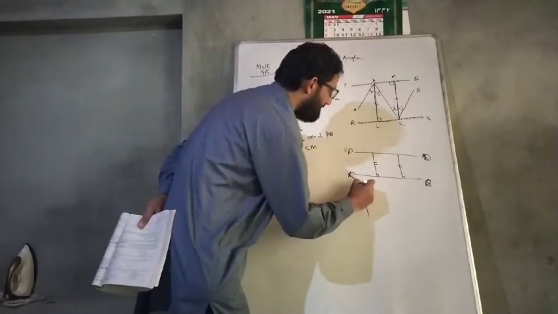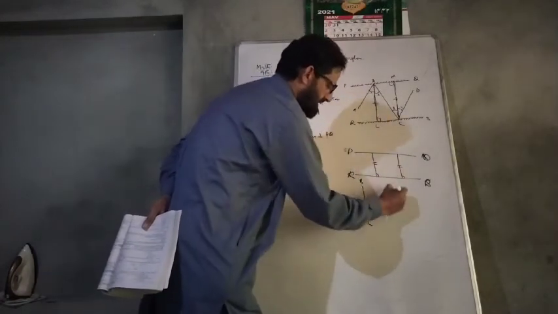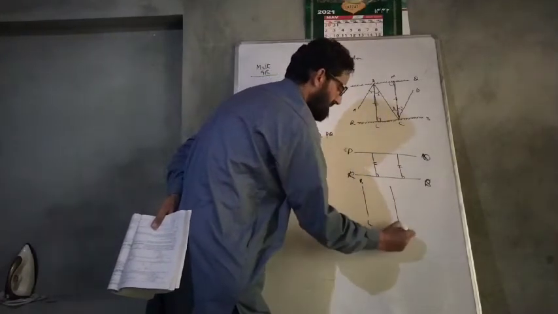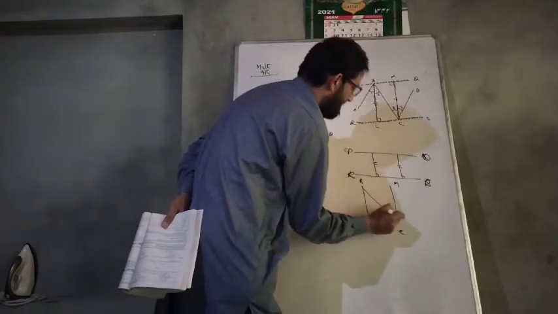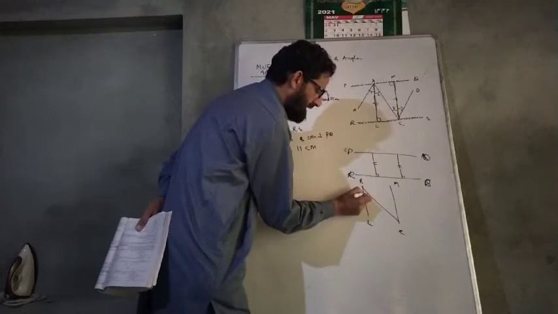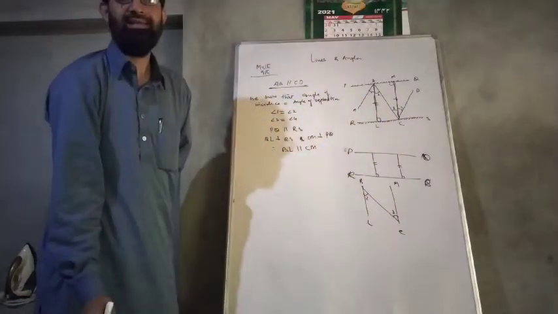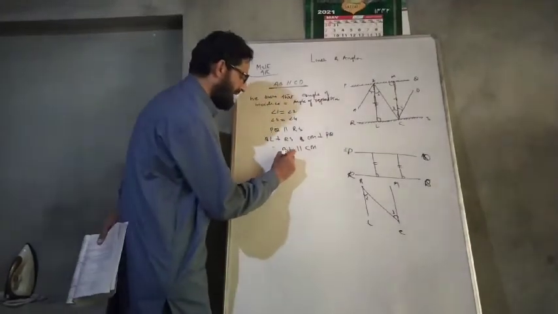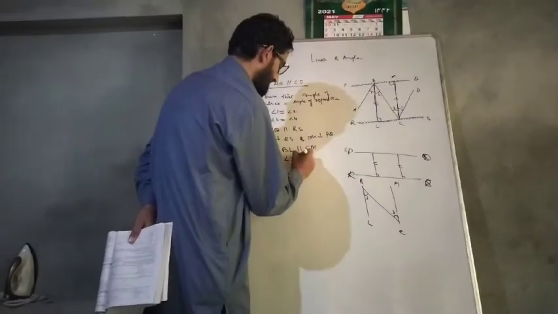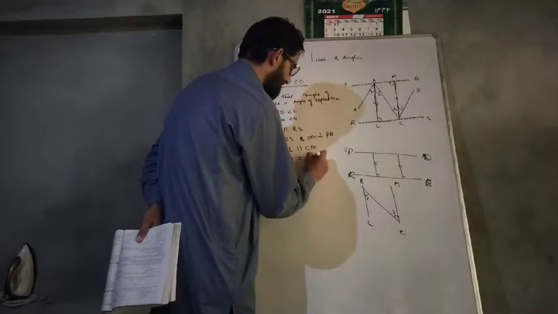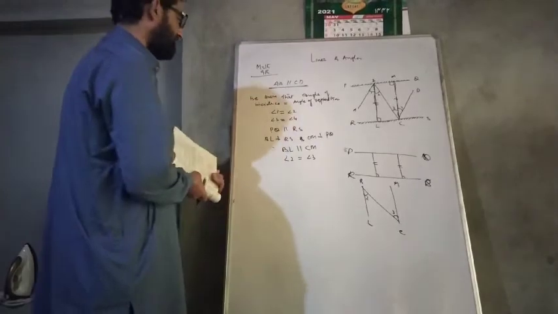This is BL, and this is CM, and this BC is the transversal. Therefore, angle 2 is equivalent to angle 3. What are these angles called? These are alternate angles. You know it. Therefore, angle 2 is equivalent to angle 3.